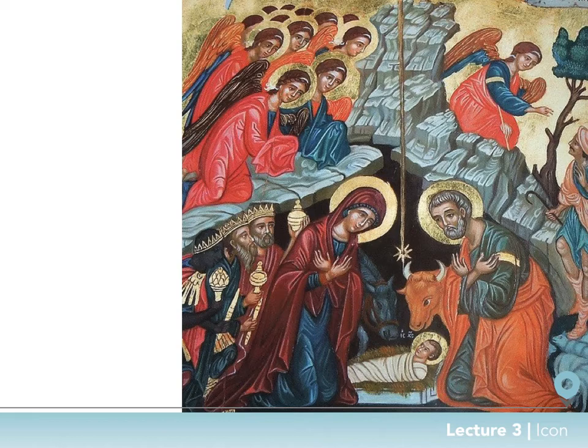Russian, Greek, and Serbian icons are filled with symbolism. They were designed to convey information about the person or event depicted. For this reason, icons tend to be formulaic, following a prescribed methodology for how a particular person should be shown, including hairstyle, body position, clothing, and background details.